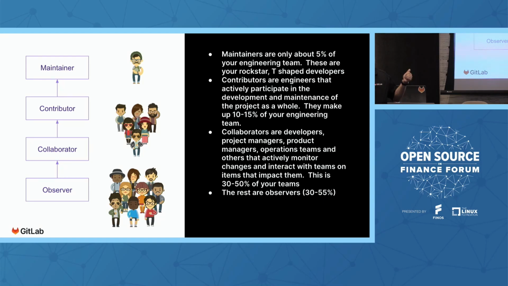Collaborators are usually people who find bugs, and they're coming out and opening up issues. Now, collaborators are the easiest to get frustrated because they're going to raise their hand and say, hey, I've got an issue. And then that issue is going to sit dormant for about 3 years, and it's never going to get worked on. And they're going to try to understand why nobody's working on their stuff. Well, the only way you're going to get your stuff fixed is you're going to have to become a contributor.